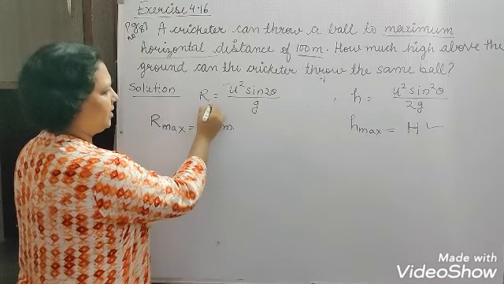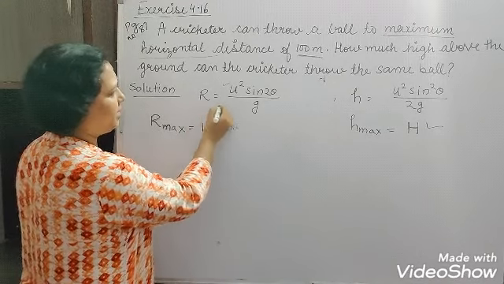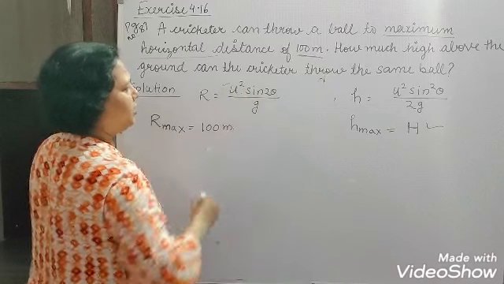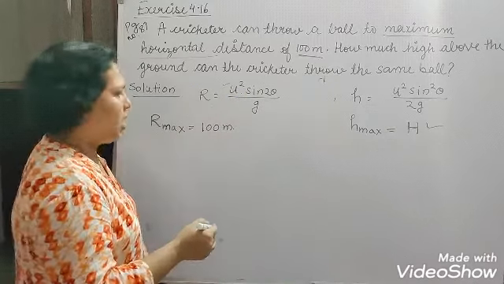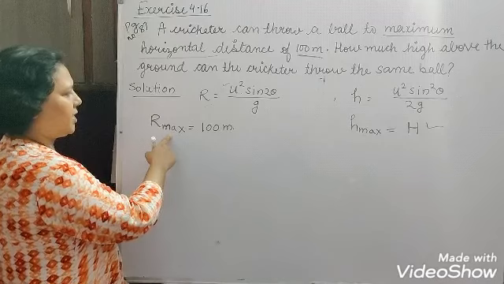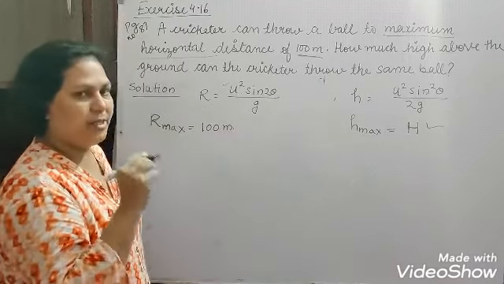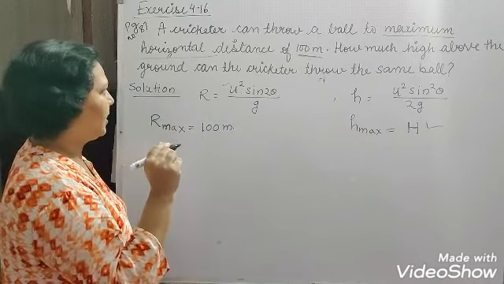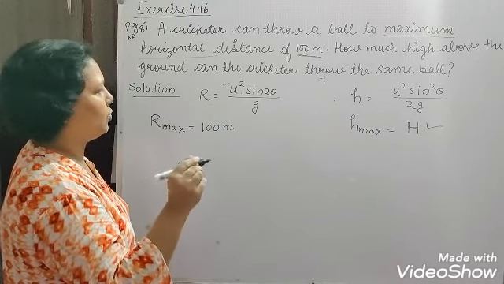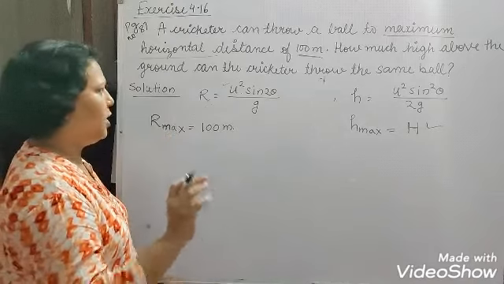The formula for the range is u square sine 2 theta upon g, and the condition is given: the maximum range, which is equal to 100 meter. That means up to this range the cricketer can throw the ball, that is the maximum range for him.